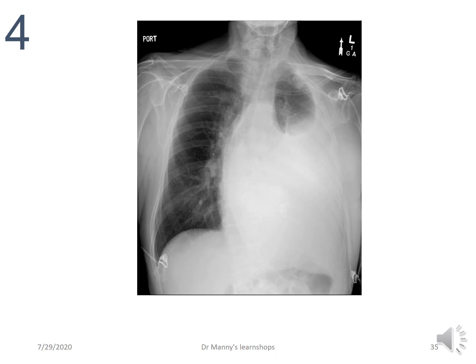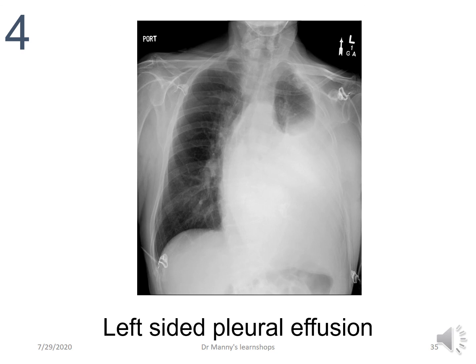And there seems to be a big problem. It seems to be pushing the trachea over, and it seems to be pushing the heart over. So you've got tracheal deviation and you've got mediastinal shift. This is probably a huge left-sided pleural effusion.